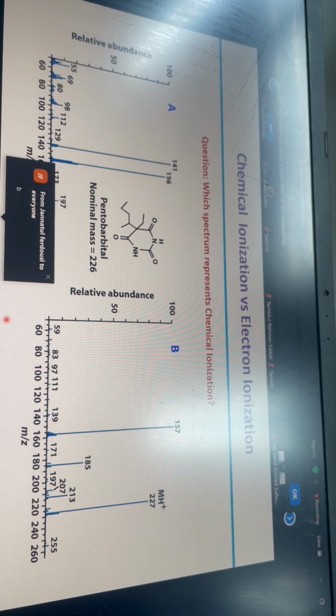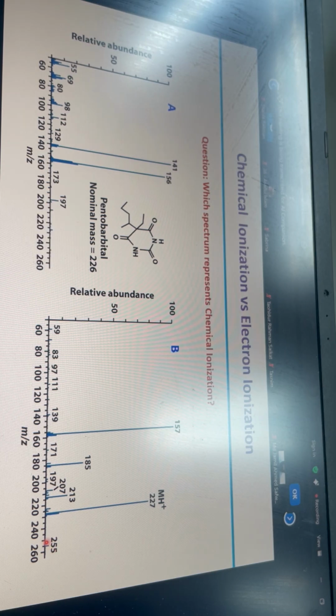B? Why is B chemical ionization? Can you justify? There is a hydrogen attached to the 226 molecular weight. That's why we got MH plus, which is 227. Great. Any other indication? Adduct formation is 255.